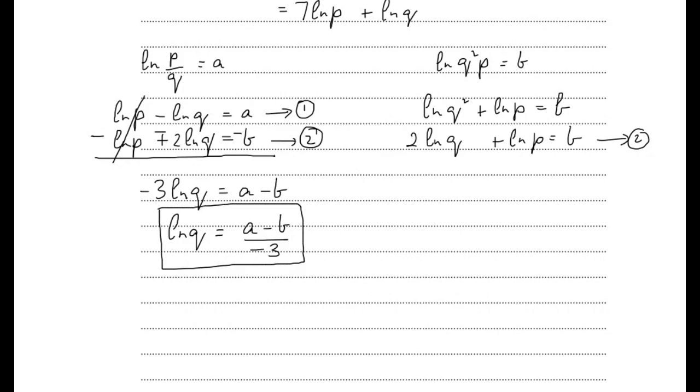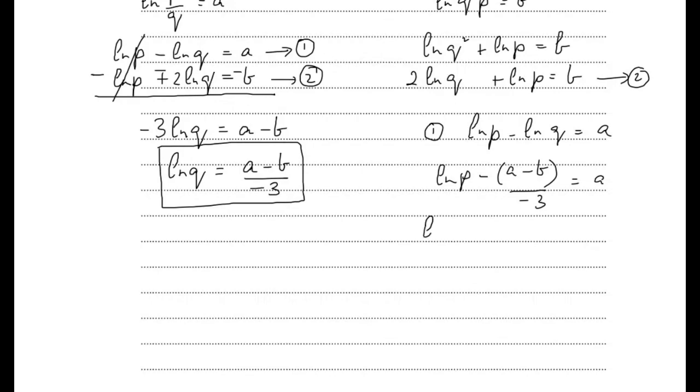I'm going to do the same with log p. So equation 1 says that log p minus log q is equal to a. So log p is a plus log q, and we now know log q is a minus b by negative 3. I'm going to simplify that to find the value of log p.